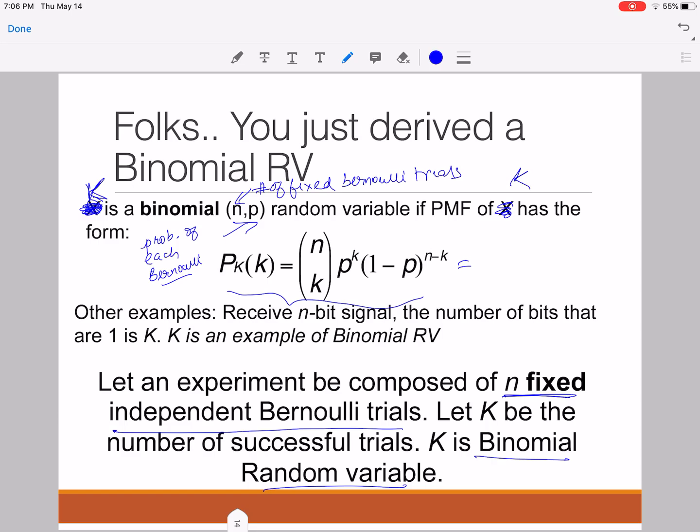As an example, let's say that you're an electrical engineer who is monitoring a certain number of ICs. Let's say that your group has handed you 15 integrated circuits to test, where each IC is going to be either successful with probability p or a failure with probability 1 minus p.